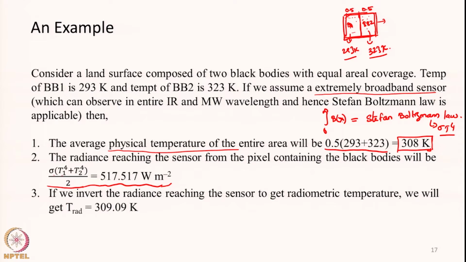There are 2 black bodies. So, (sigma T1 power 4 plus sigma T2 power 4) by 2. The radiant flux density emitted will be 517.517 watt per meter square.